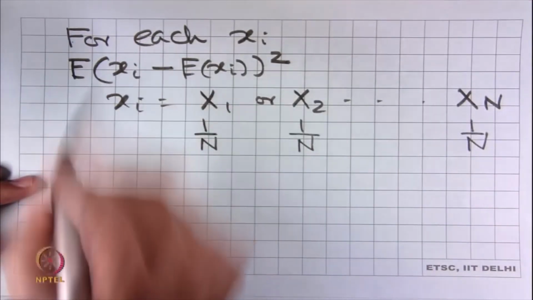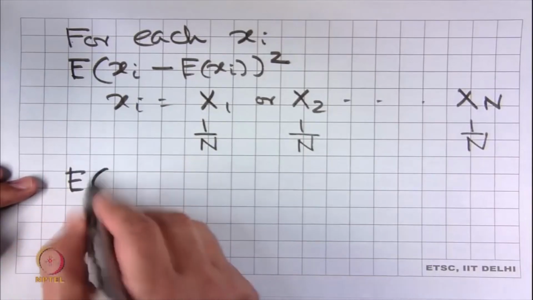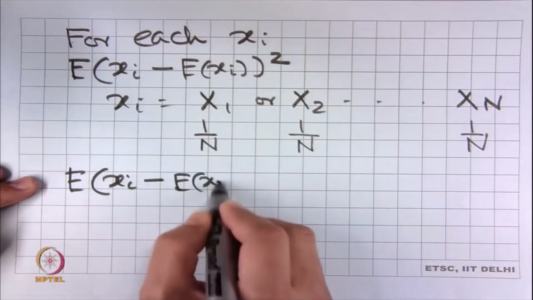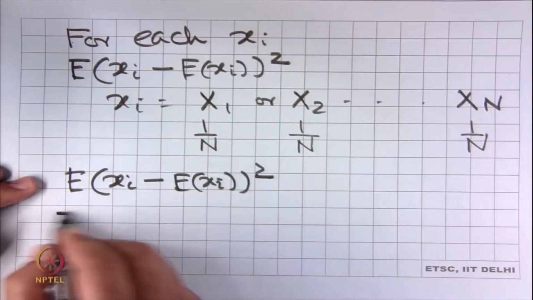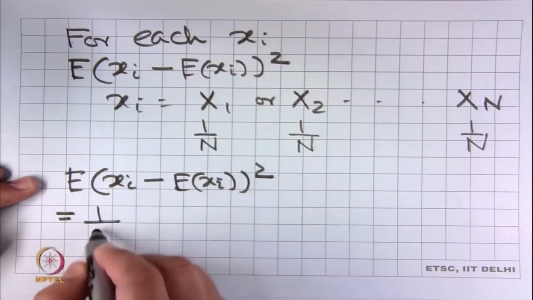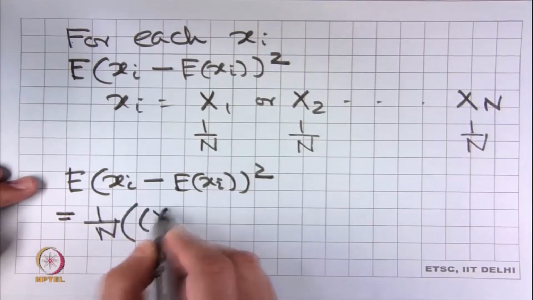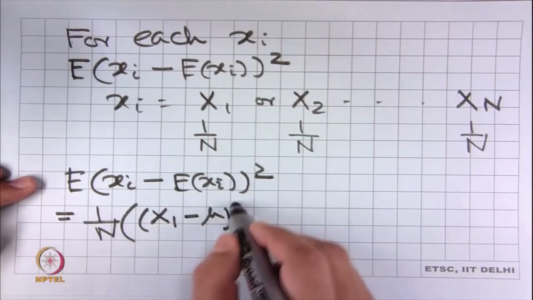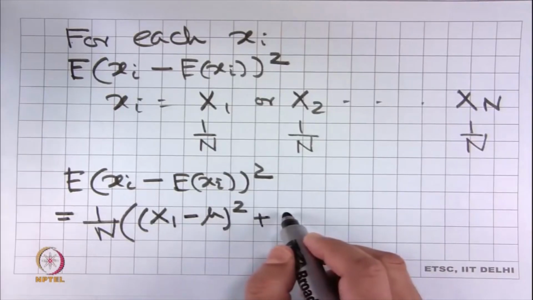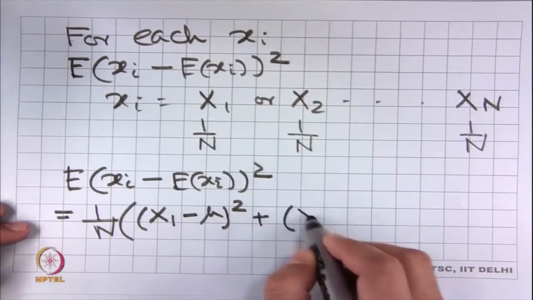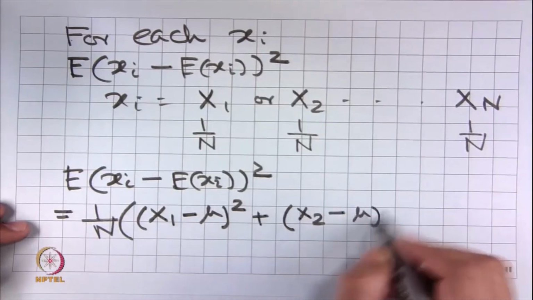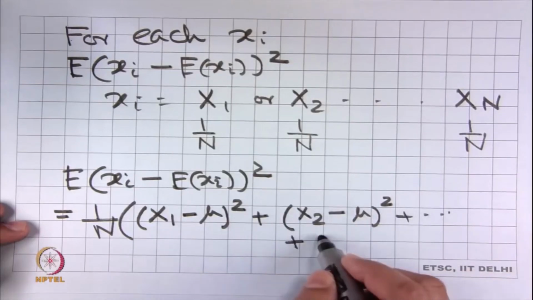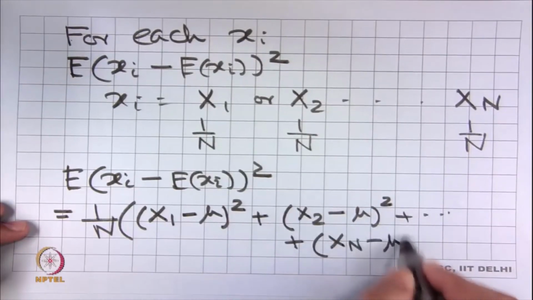Therefore, the expected value is equal to 1 by n into x 1 minus mu whole square plus x 2 minus mu whole square plus x n minus mu whole square.